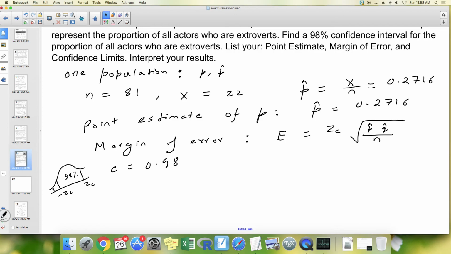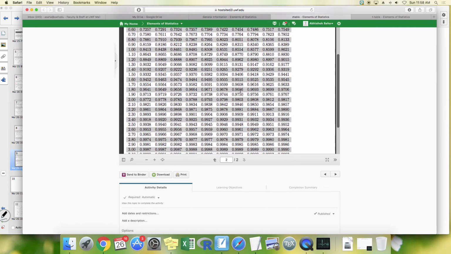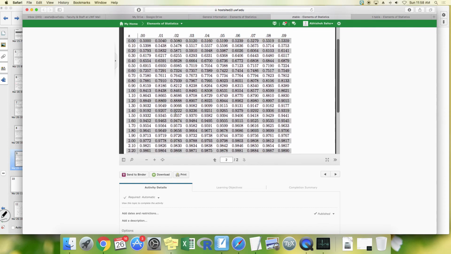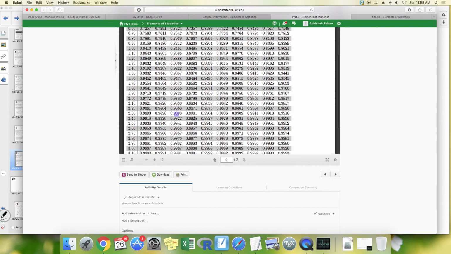So here is 1%, and here is 1%. So left of ZC is 99%, which, if you look up the z table for 0.99, lies between this number and this number, which correspond to 2.32 and 2.33. So your ZC shall be 2.325.